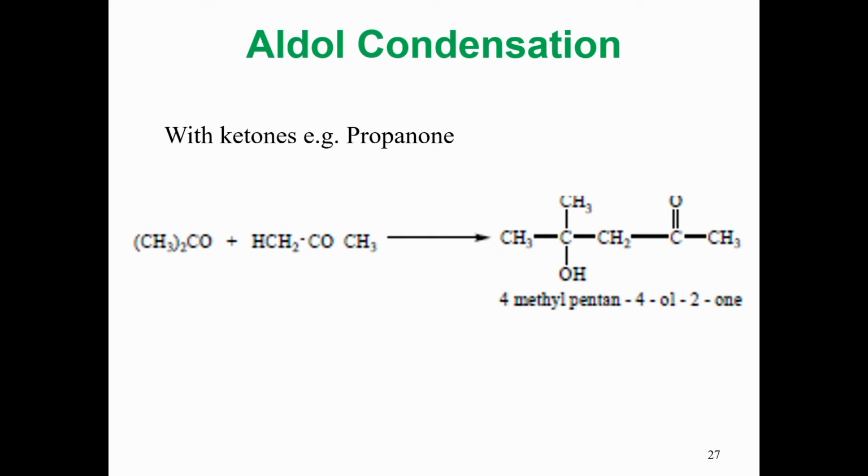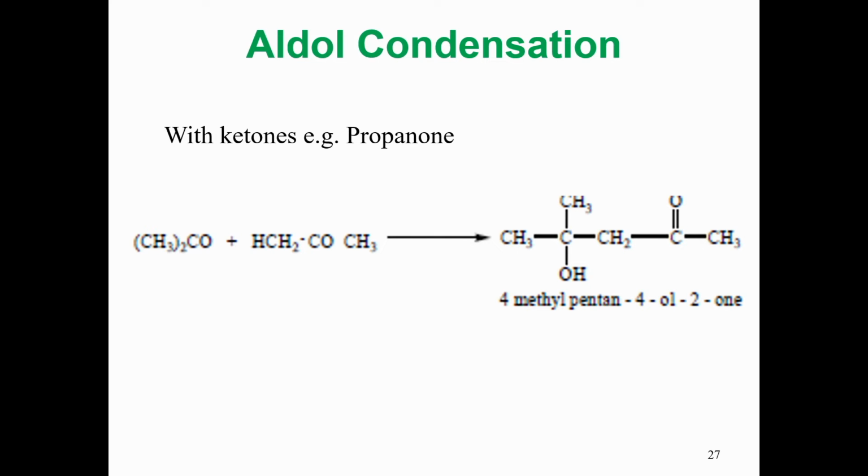Using 2 moles of propanone. Remember, the simplest ketone is propanone. In that case, propanone has alpha hydrogens because both methyl groups are connected to carbonyl, so each of them can be the one used to produce a carbanion. Then the carbanion is going to come and attack the carbonyl carbon, because the carbonyl carbon is highly electropositive and electron deficient. So we form a product.